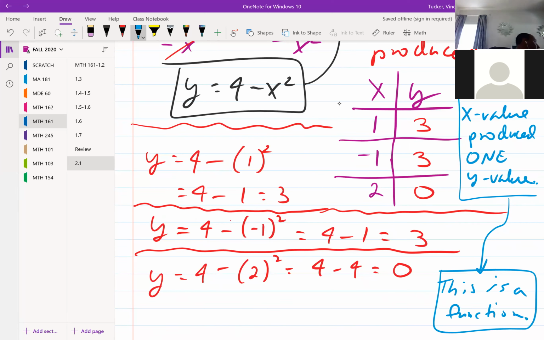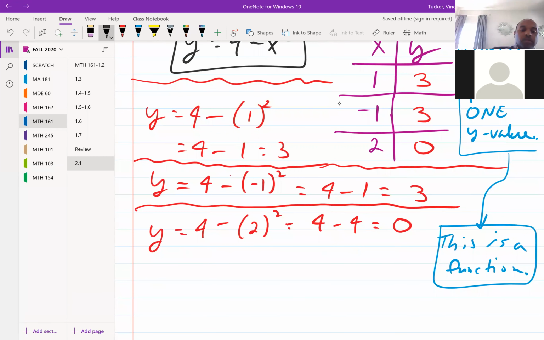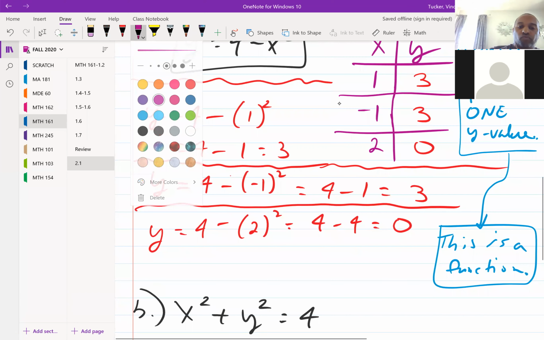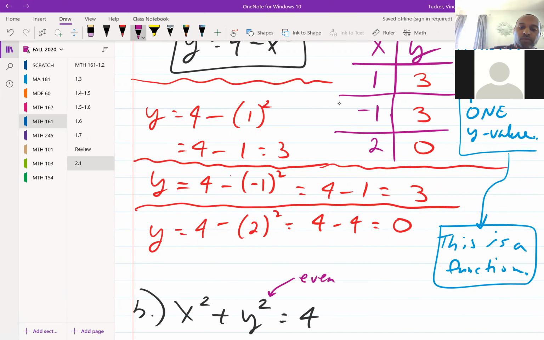So every time you plug in an x value, you will get just one y value. All right, looking at the next one.